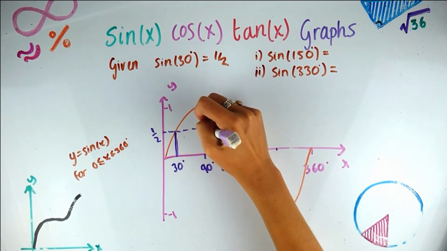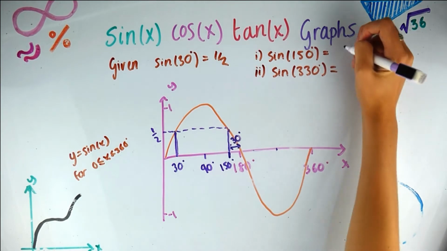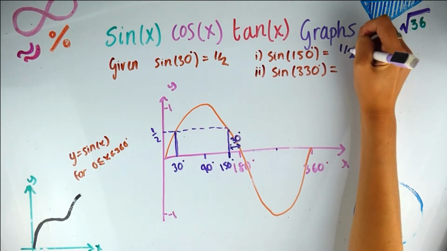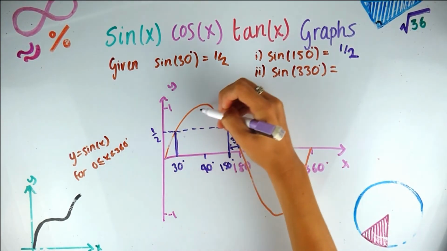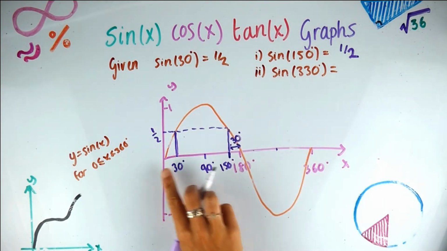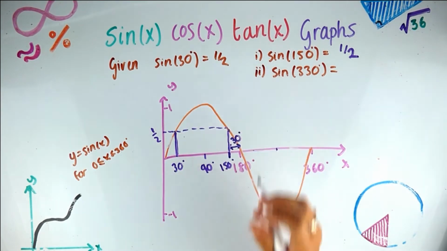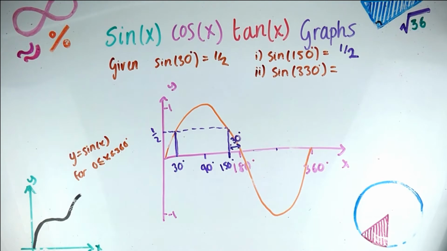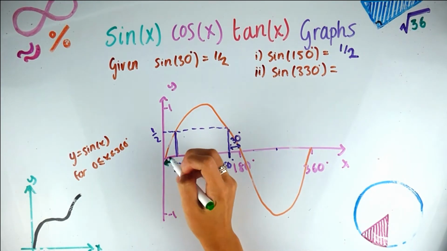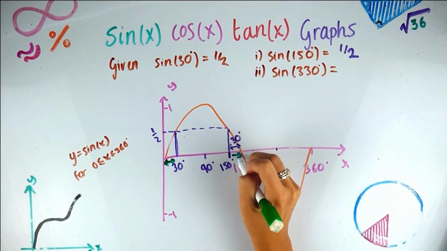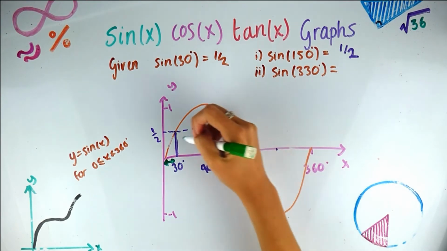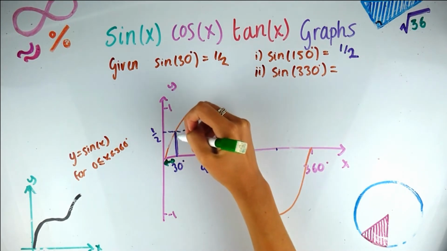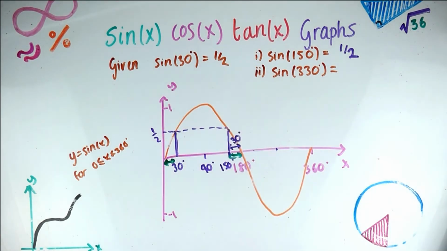As we can see, it's also a half. And that is because this has symmetry between 0 and 180. This is 30 away from 0, and this 150 is 30 away from 180. So they have the same value, which you can see much easier using this sketch. So that is y equals a half.